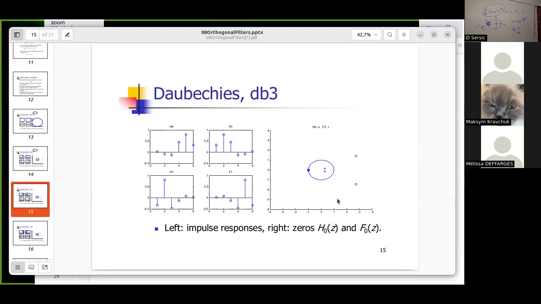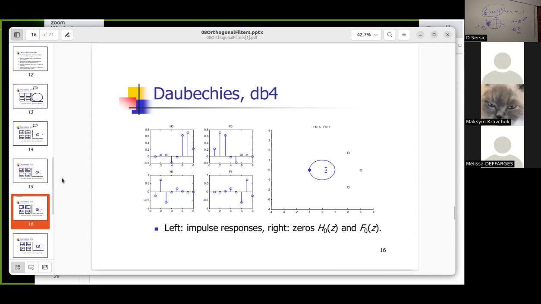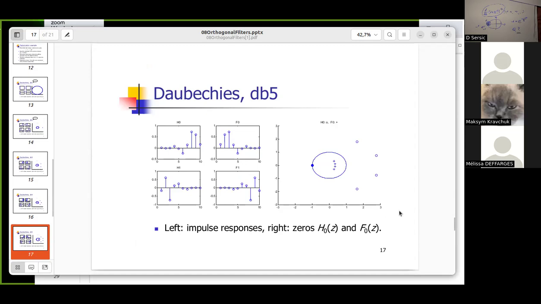So the Daubechies choice is to put the internal ones to the synthesis part, to the F filters, and to associate the outside roots with the analysis part of the filter bank. And it goes on like this. This is how it looks for 4 or even 5 roots.